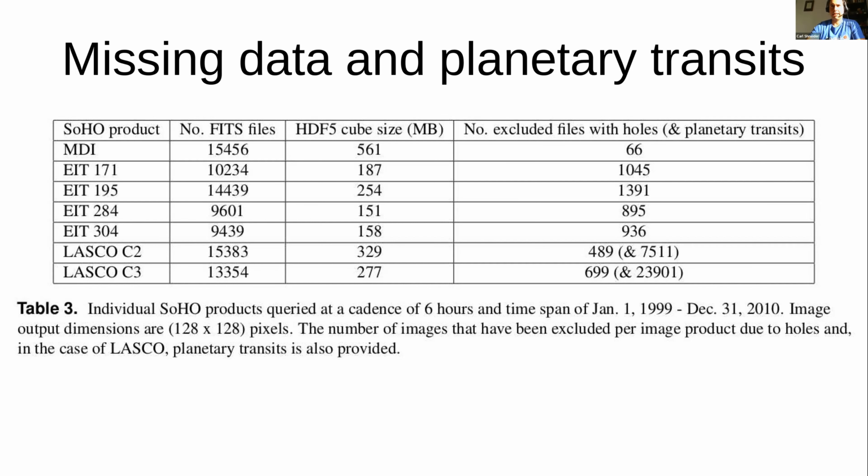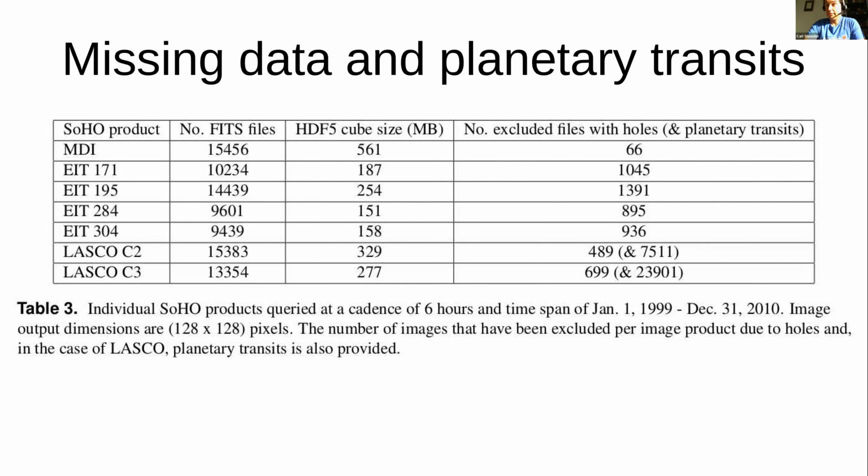In this date range, the number of files that were processed and deemed good based on these criteria were around 15,500 MDI files, and of the same order of magnitude, around 10,000 to 15,000 files for each of these 7 products. The HDF5 cubes are not that large: the largest are half a gigabyte, but also just a few hundred megabytes.